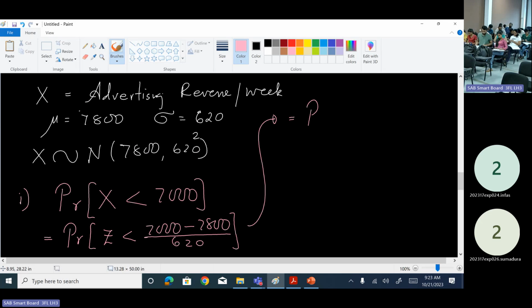So now probability Z is less than 7,000 minus 7,800, that is minus 800, divided by 620. When you divide minus 800 by 620, you get a lengthy answer. Those are the values we are going to refer from the table. In the table, maximum two decimals you can refer.